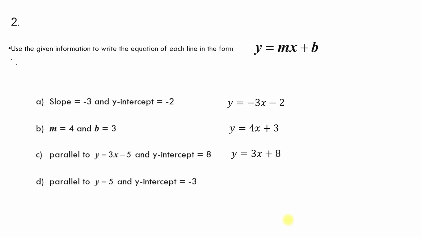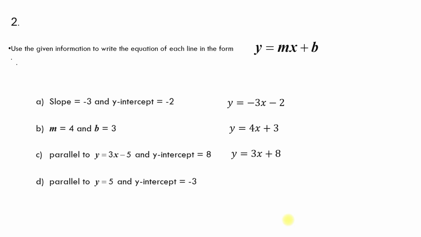Question D, we're told that our line is going to be parallel to y equals 5, and the y-intercept is going to be negative 3. Now, if it's parallel to y equals 5, it does not have any x coefficient.